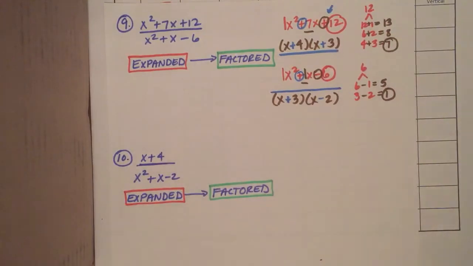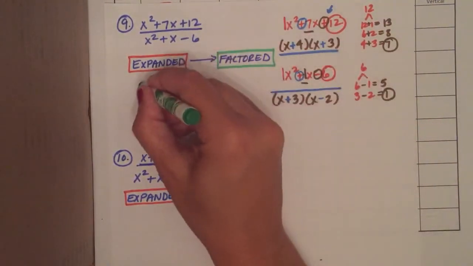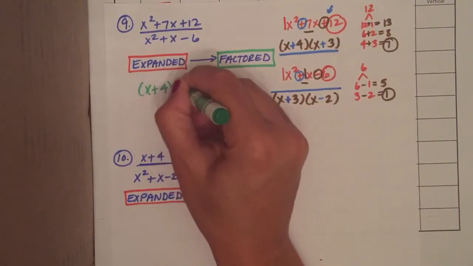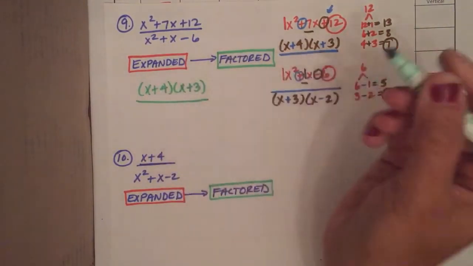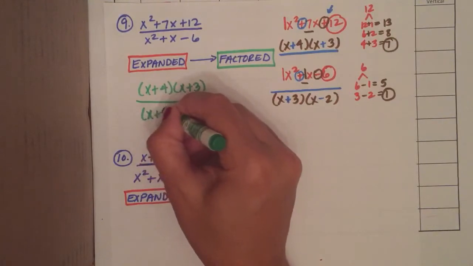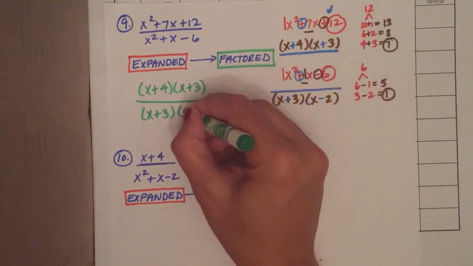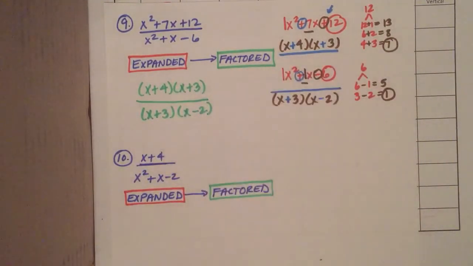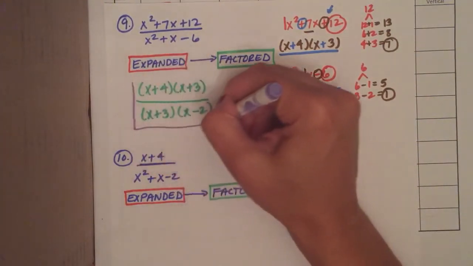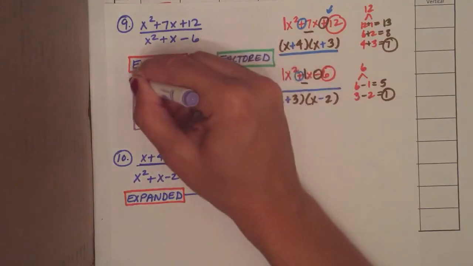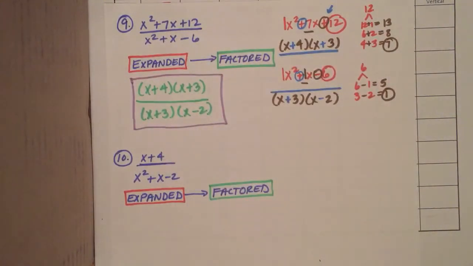So now you've got your factored form, which is (x plus 4)(x plus 3) over (x plus 3)(x minus 2). And that is your factored form for number 9. And we're going to write that in our table, and then we will do number 10, and then we will move on to the next video.